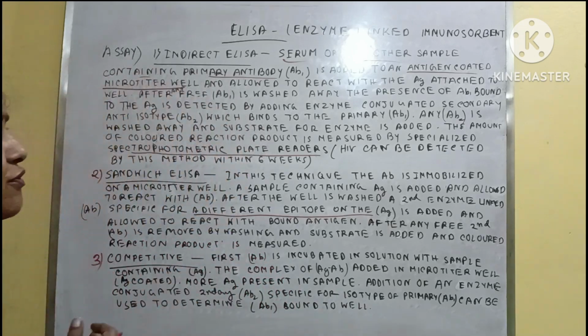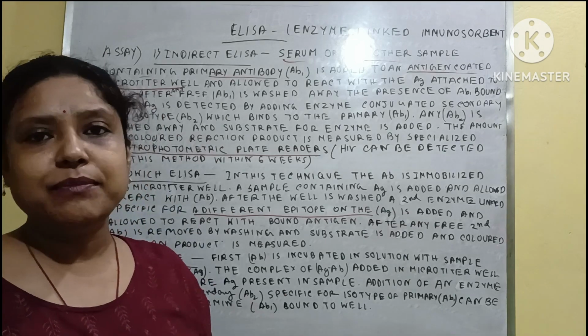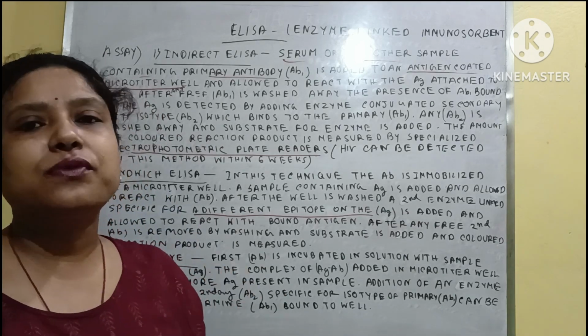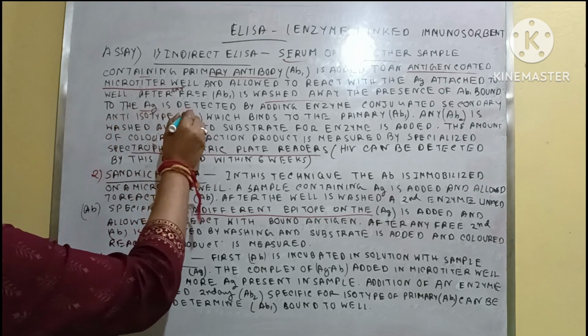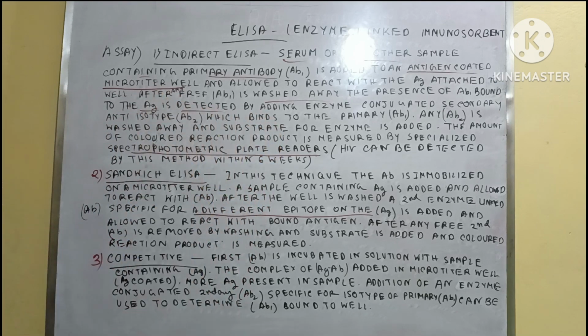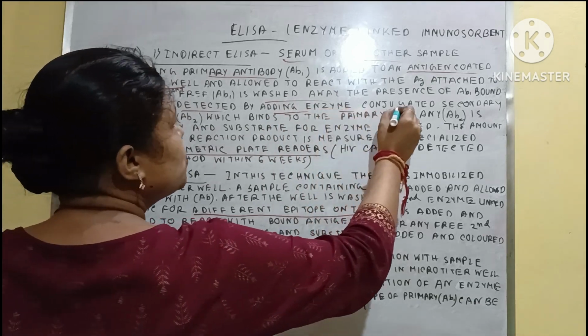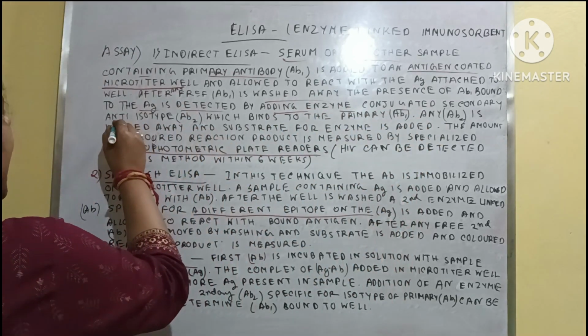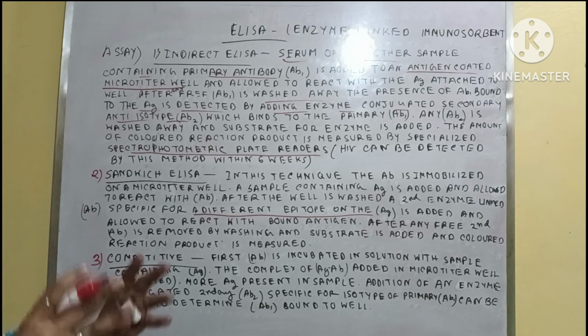After formation of the antigen antibody complexes, the free antibodies must be removed from the microtiter well, so the unbound AB1 is washed away. The bound antibody is then detected by adding enzyme conjugated secondary anti-isotype antibody, denoted AB2.